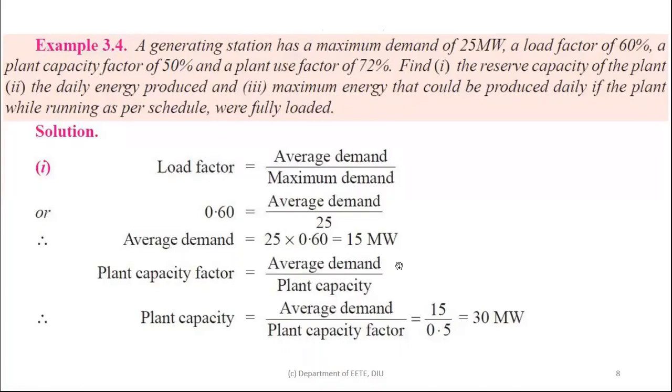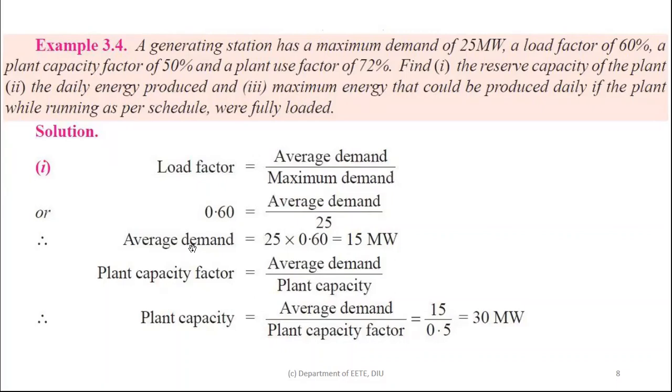How do we find the average demand? Load factor is given, and the maximum demand is also given. From the load factor formula, the average demand equals load factor times maximum demand. Just knowing the formula properly gives you the exact value.